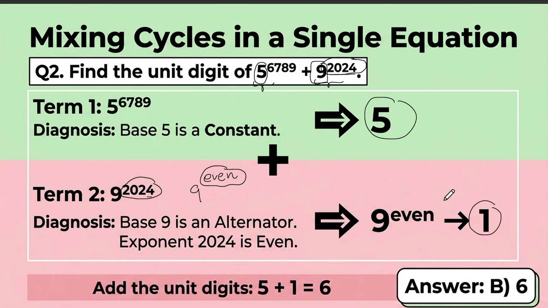If odd, the unit digit is 9, and for even the unit digit is 1. So for the first number our unit digit is 5, with a plus sign in the middle, and for the second number our unit digit is 1. So 5 plus 1 is 6. The correct answer for this question is 6.